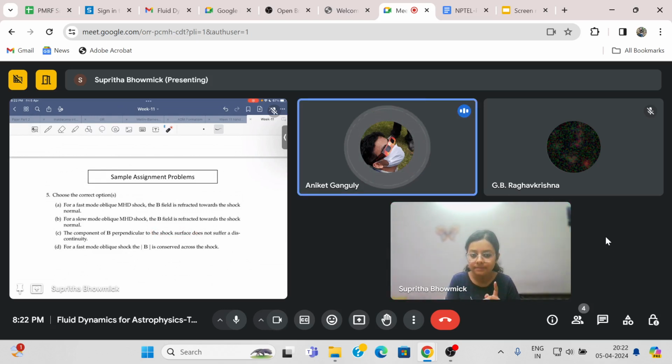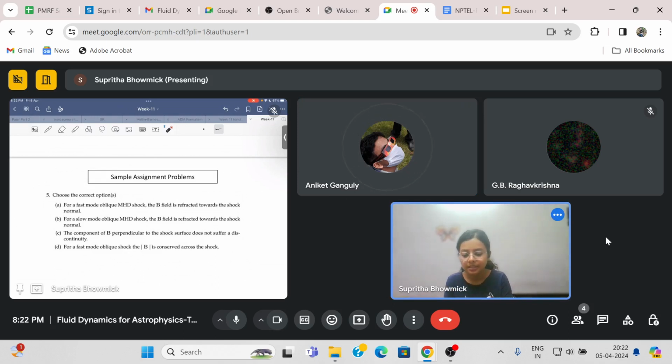Then it is the parallel component of the B field. If this is the shock surface and this n cap is perpendicular to the shock surface, then the component of B perpendicular to the shock surface is the component of B which is parallel to n. And that we know is continuous across the shock front. So it does not suffer a discontinuity. So C is true.